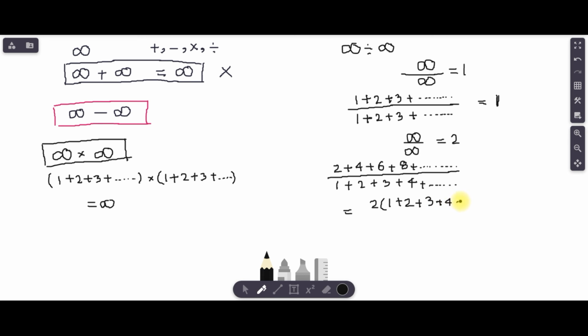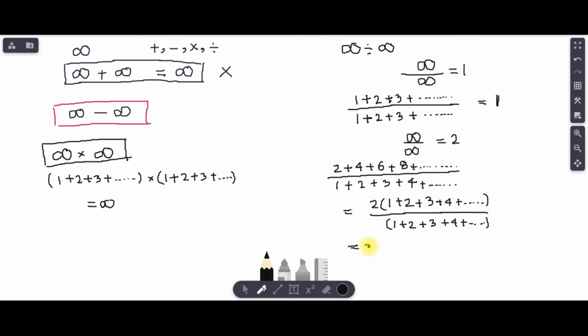The numerator series and the denominator series are equal and contain the same number of terms, so we can cancel out. If we cancel out, it will be 2.